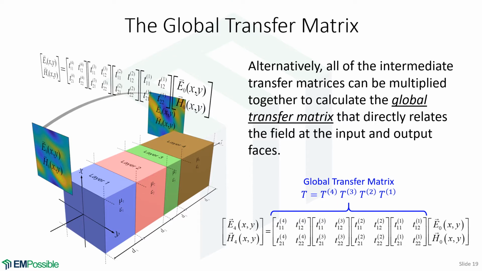And the global transfer matrix directly relates the fields at the input face to the fields at the output face. So the way the transfer matrix method would work is that we calculate one transfer matrix at a time, multiply them together until we get a global transfer matrix, and then we can solve our problem relating the fields on the outside of the device.